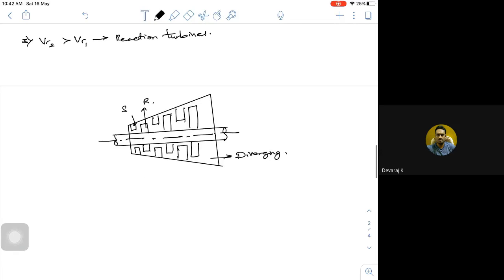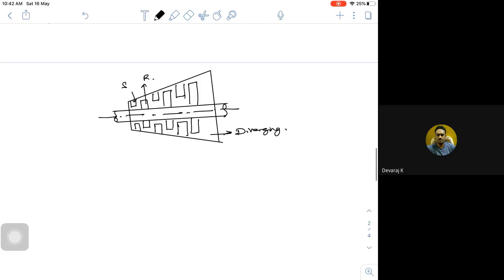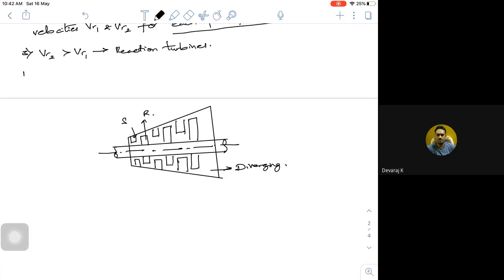The reason is, as the steam expands, the specific volume, small v, increases.